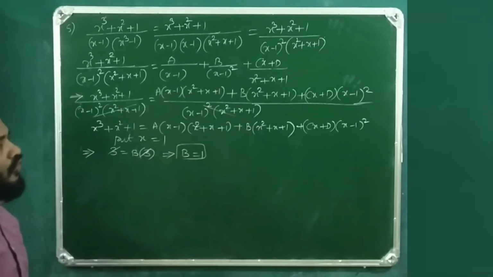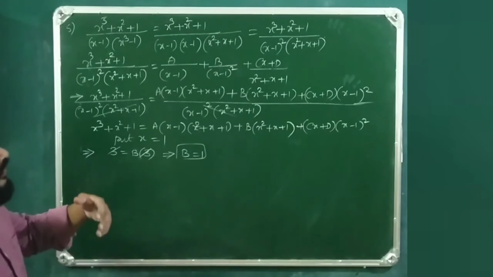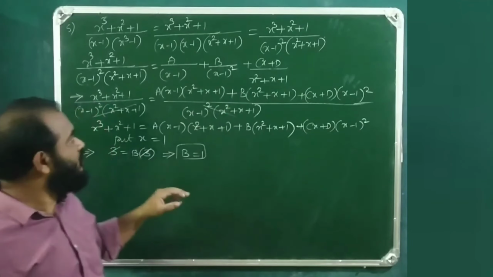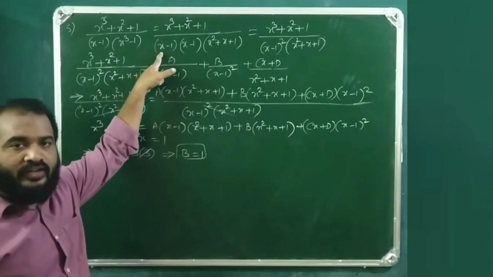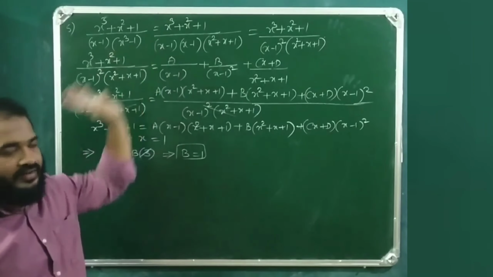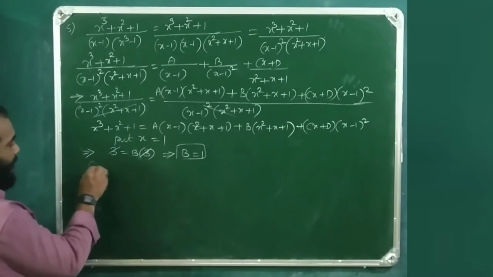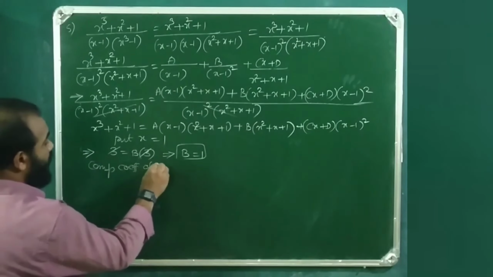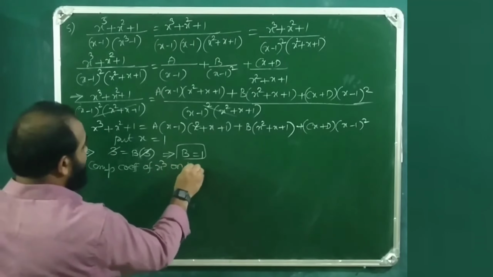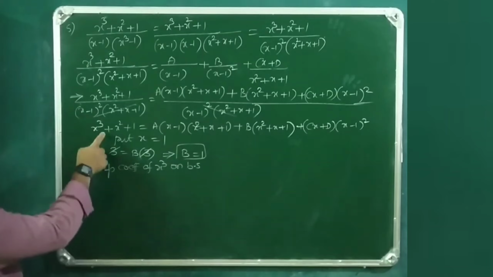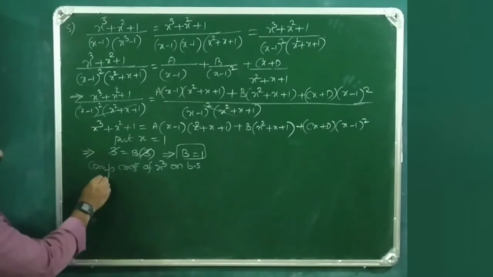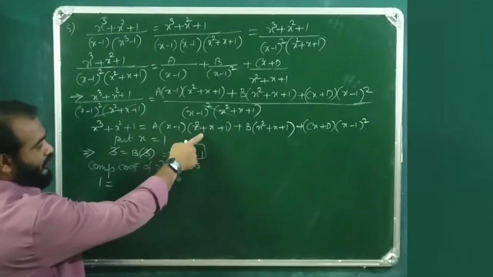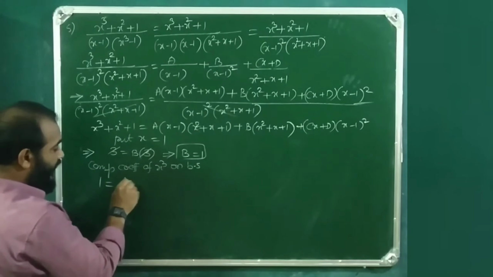We don't have anything else to substitute for x because x minus 1 is the only linear factor here. Now comparing coefficients of x cube on both sides. The x cube coefficient on the LHS is 1. If you multiply x into x square, the x cube coefficient is A here.